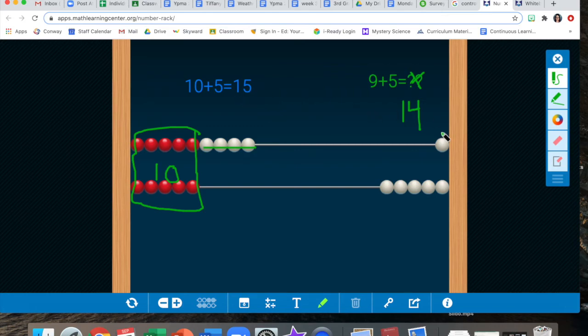It still works. Now, you might have another strategy for adding your add 9 facts, and that's totally okay. There's actually quite a few strategies out there for adding 9. But today, in this video, we are really focusing on using our add 10 facts to solve our add 9 facts. We'll talk about some of those other strategies in the meeting today.